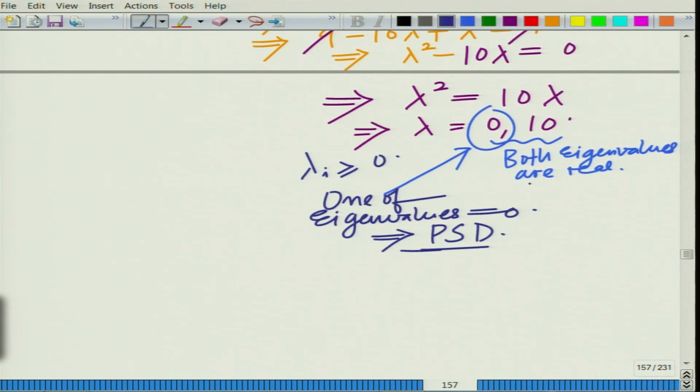Both eigenvalues are real, and both are greater than or equal to 0. That is what we expect of a positive semi-definite matrix. For a positive definite matrix, eigenvalues have to be greater than 0. For a positive semi-definite matrix, eigenvalues have to be greater than or equal to 0. In this case one of the eigenvalues is 0, so this is only a positive semi-definite matrix.